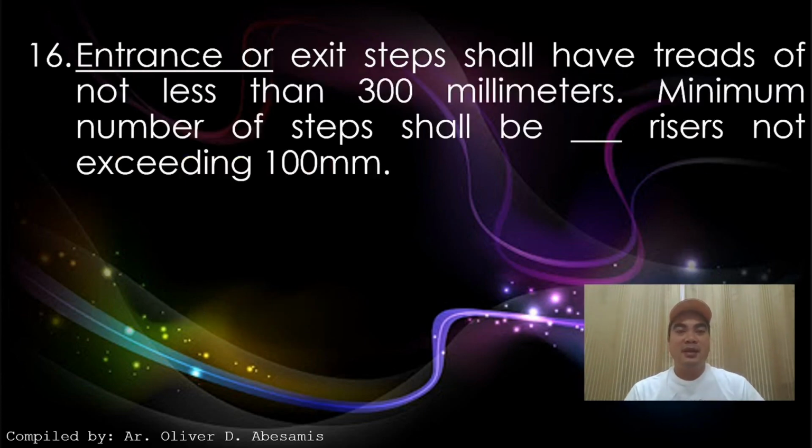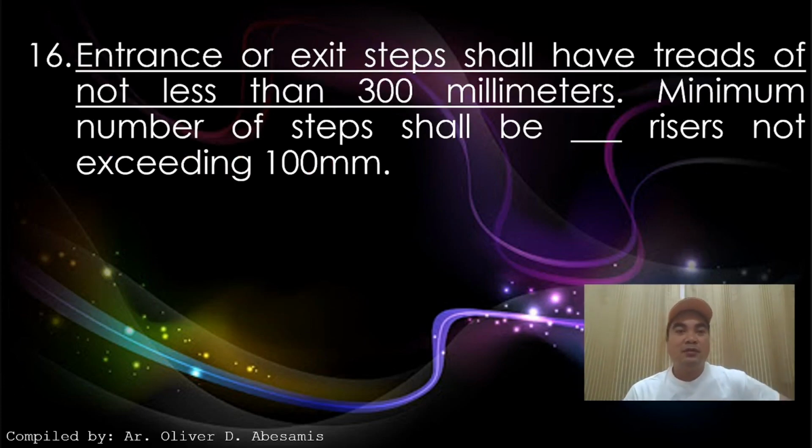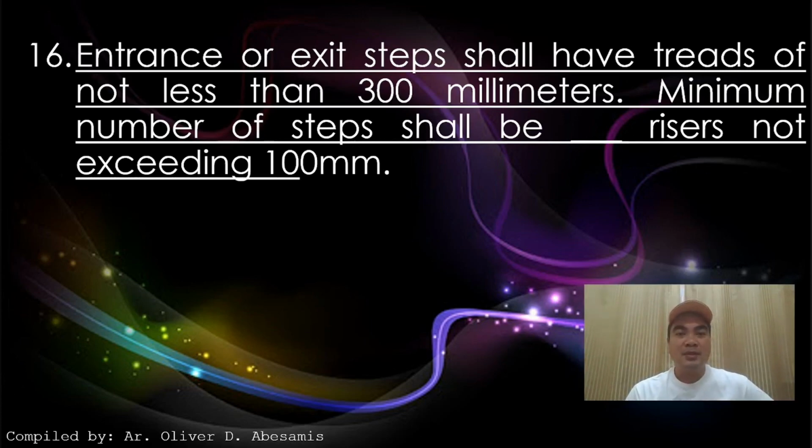16. Entrance or exit steps shall have treads of not less than 300 mm. The minimum number of steps shall be blank riser not exceeding 100 mm. A. 1. B. 3. C. 2.